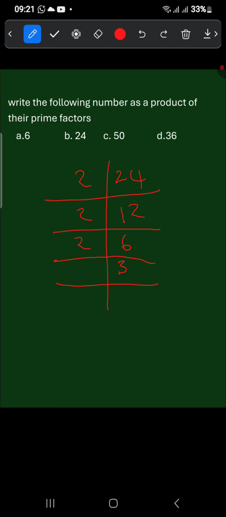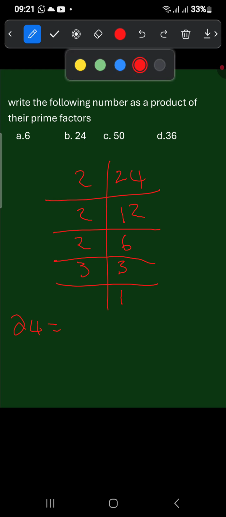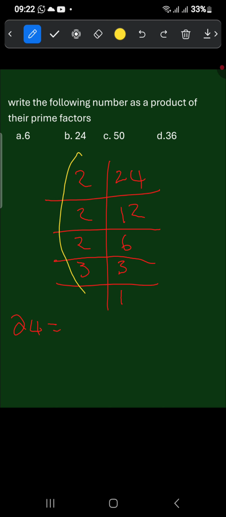Now the smallest prime number that can go into 3 is 3 itself. 3 into 3 is 1. So meaning now 24 can be written as, you take these numbers here and it is written as 2 times 2 times 2 times 3.